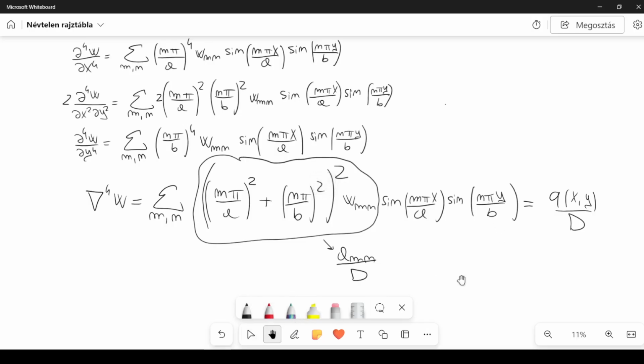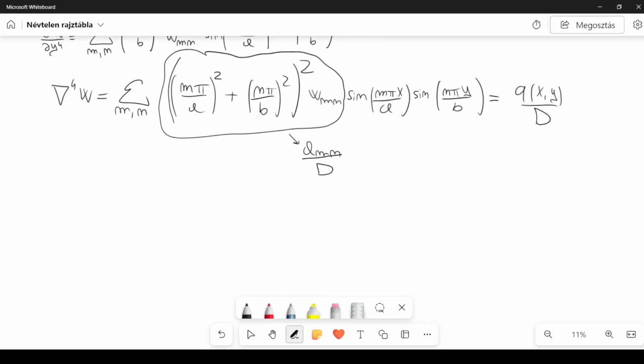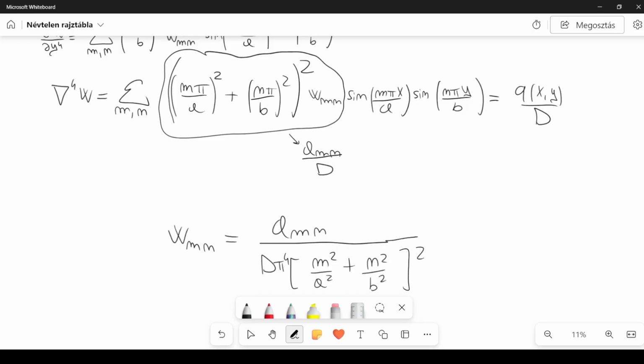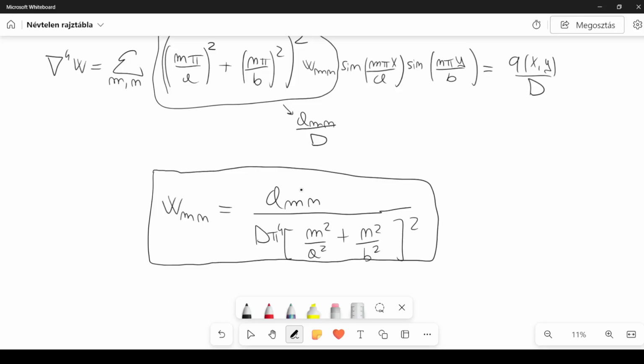Simple as that. So at this point, we can say that Wmn must be equal to Amn divided by D, and then we can also factor out pi to the fourth. We have m squared over a squared plus n squared over b squared, all squared, like this. From this, you can see basically that thin plates act as low-pass filters.